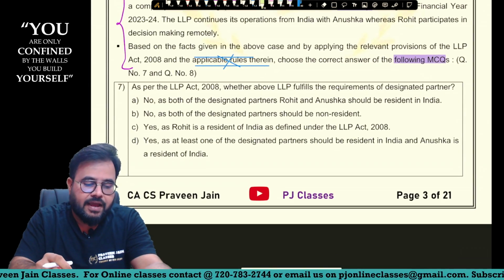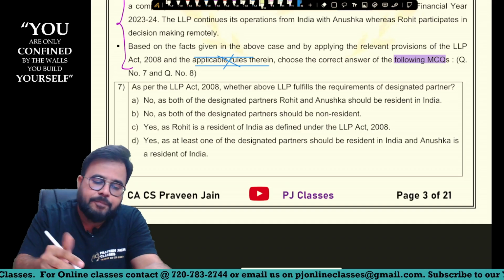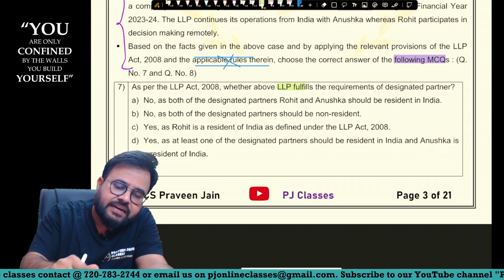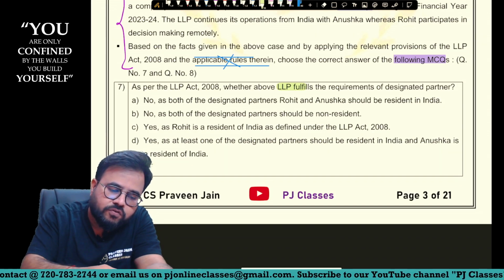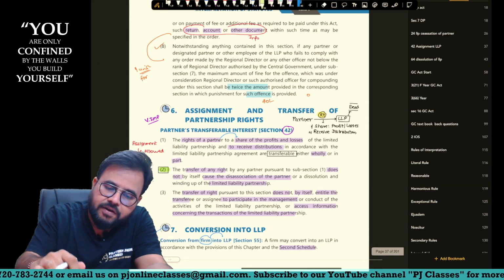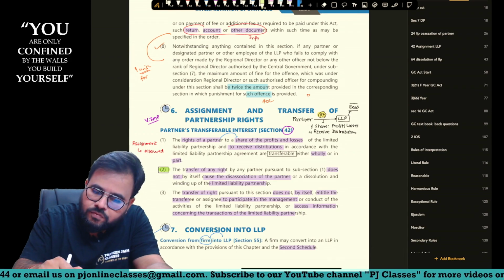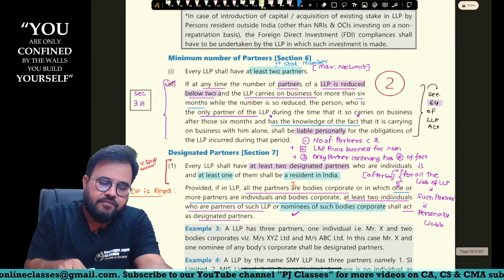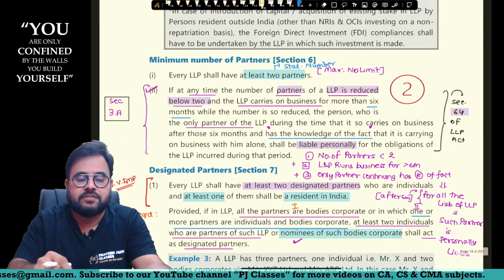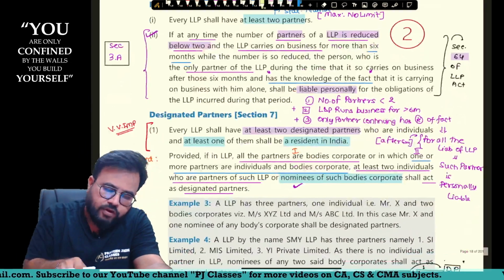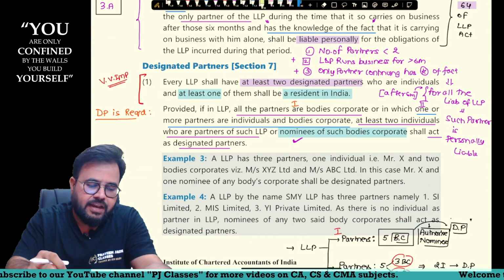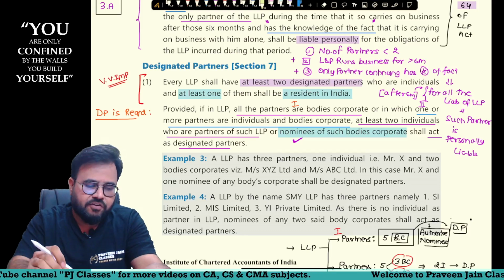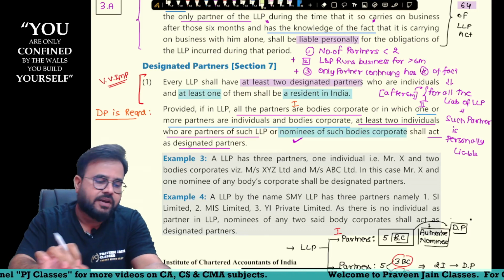As per the LLP Act 2008, whether the LLP fulfills the requirement of designated partner. Now, for designated partner, what is the rule, sir? As per Section number 7, every LLP shall have at least 2 designated partners who are individuals, and at least one of them should be resident in India.